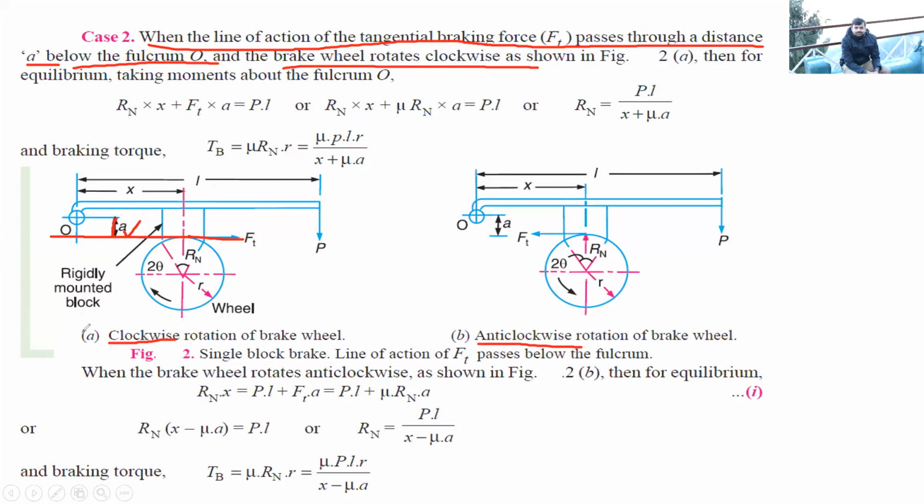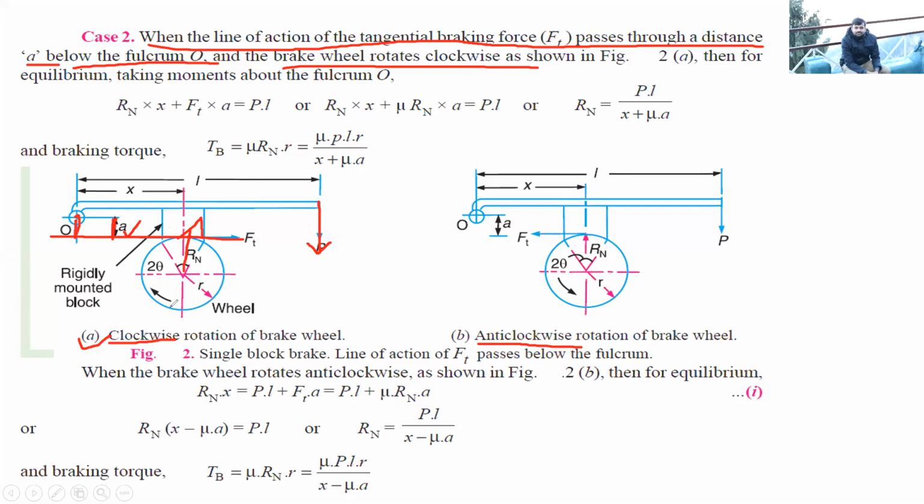So let's talk about this case A, that is condition 1 for clockwise rotation. What will happen? Now see, again there are three forces. This P force will produce a moment about this fulcrum point O. Okay, this Rn force will produce a moment about this fulcrum point O. And now this Ft force will also produce a moment because the line of action of Ft force is at a distance of A from this fulcrum point.